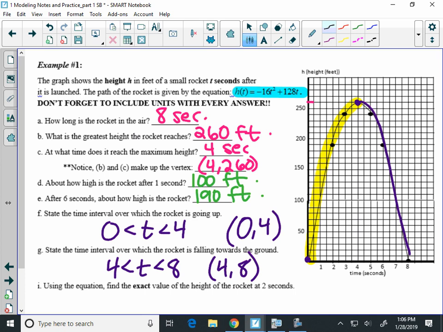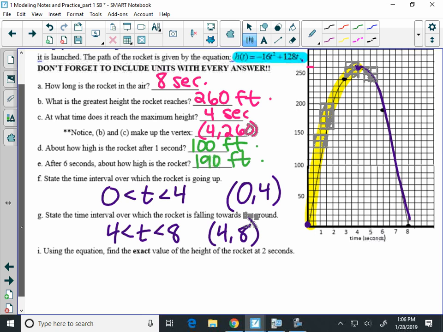All right. Lastly, we're going to use the equation they gave us to find the exact height of the rocket at 2 seconds. So how do I use the equation up there in blue to find the height after 2 seconds? Put it in for t, yep. It's close to 190, but we want to find the exact value.